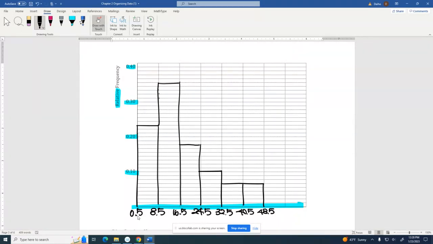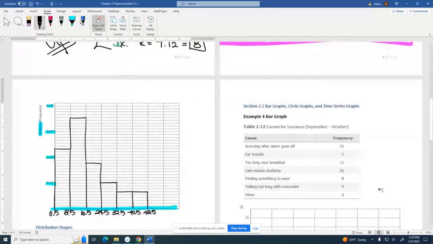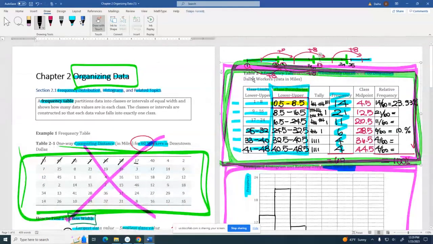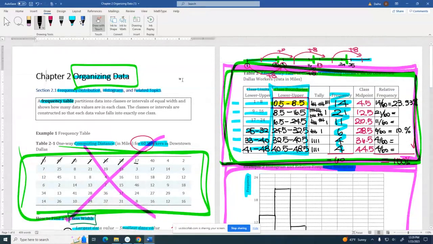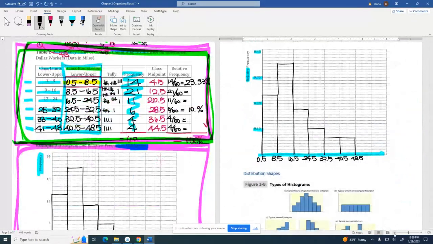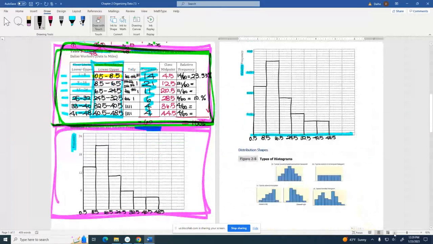It is another histogram with the relative frequencies, the percentages, right? Please compare them.